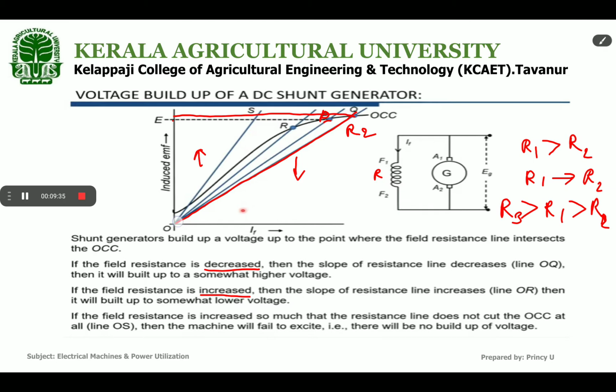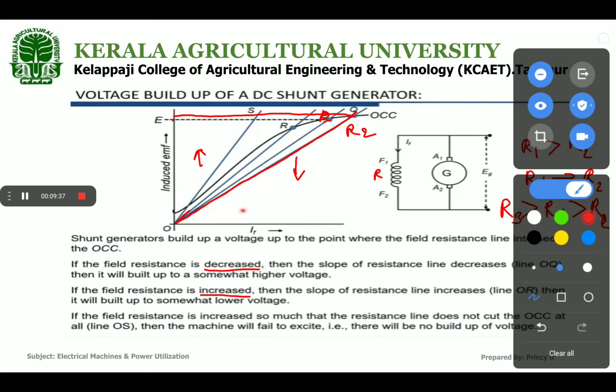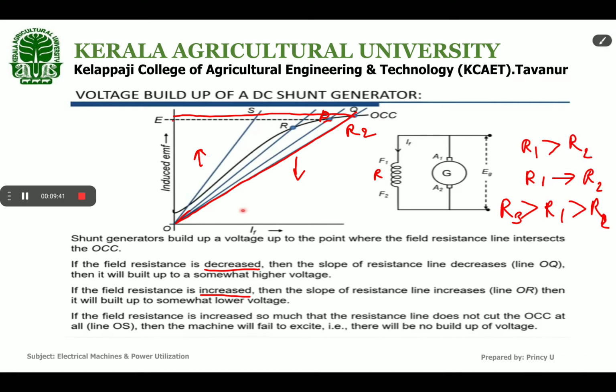I will represent this with the green line, the line OR. It will build up a somewhat lower voltage. Here you can see the voltage developed is somewhat lower than this value of E.